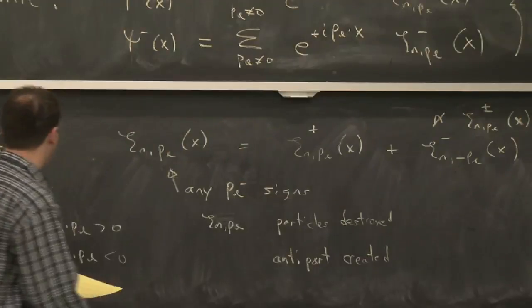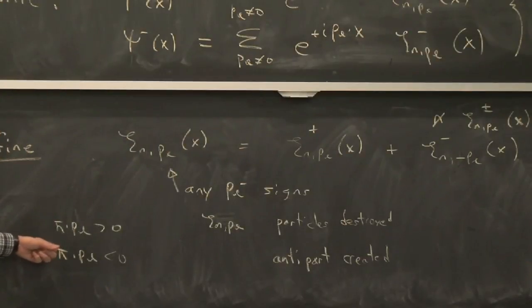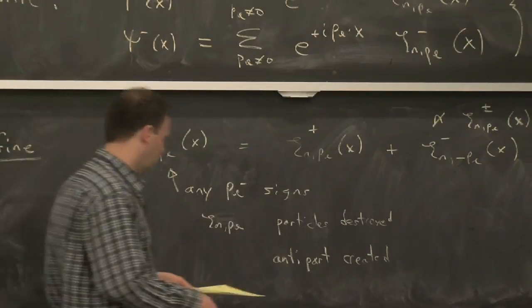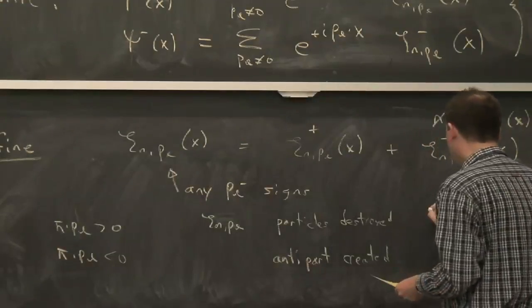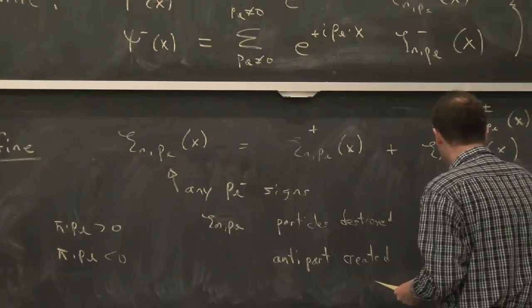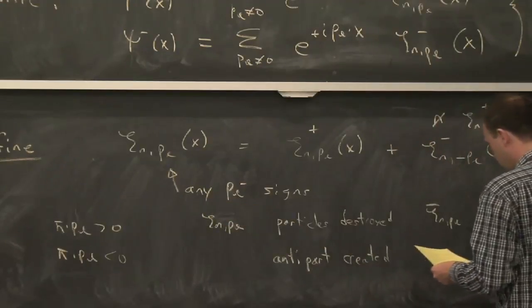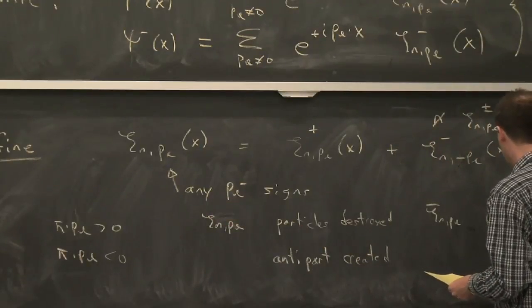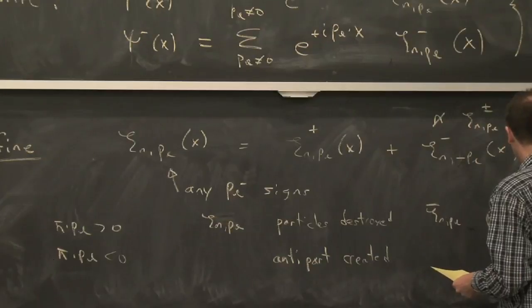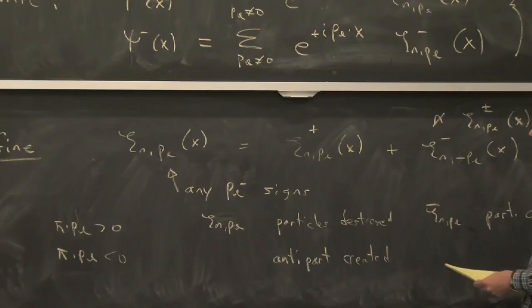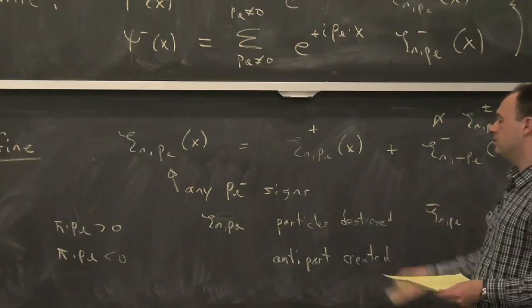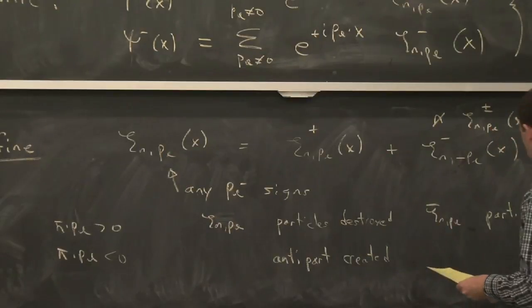But the antiparticles are going to be created for the opposite sign of the p_L, okay? And then if I think about what the barred field would be doing with this notation, if the p_L is greater than 0, then the particles are created. So this is really just the field we were talking about before if p_L is greater than 0, and if p_L is less than 0, it just repeats the whole story for the antiparticles.